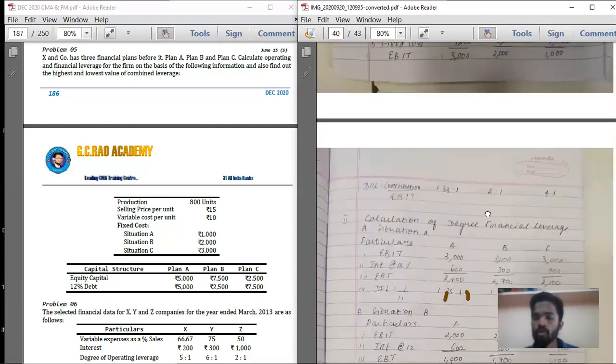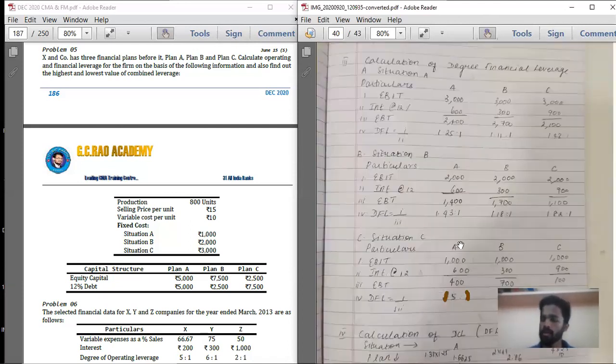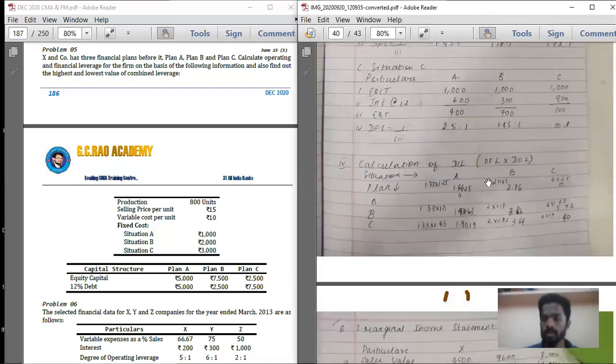Sorry, DOL is 2. So 2 into 1.43, that is 2.86. So next, under situation C, plan A.